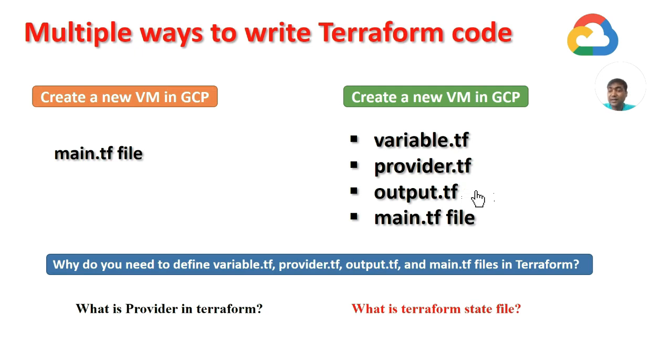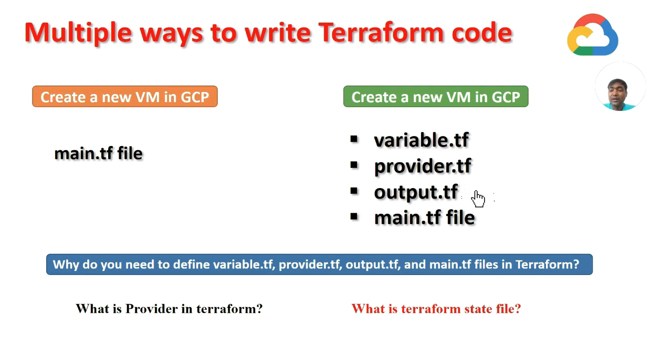You can write your desired infrastructure resources, including provider, resource, variable and modules, in a single file as main.tf. Or you can write them in multiple files like variable.tf, provider.tf, output.tf and main.tf.